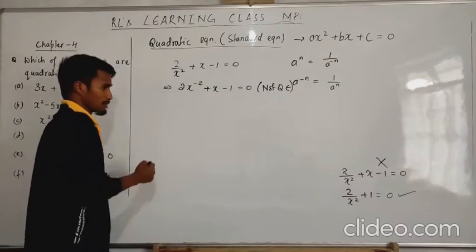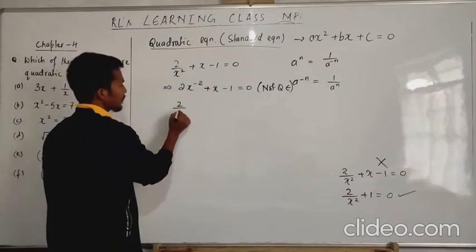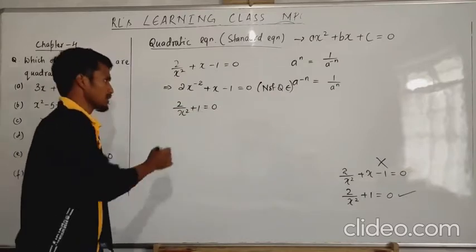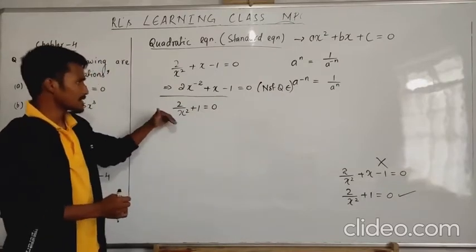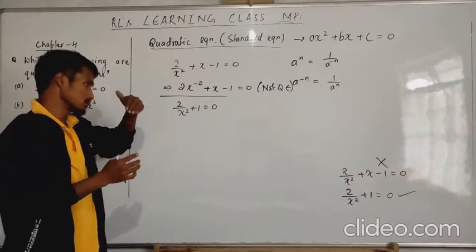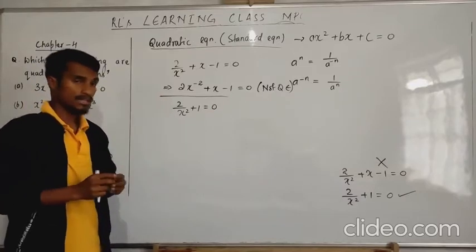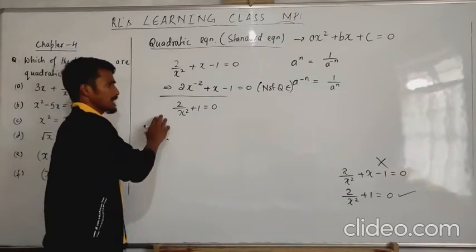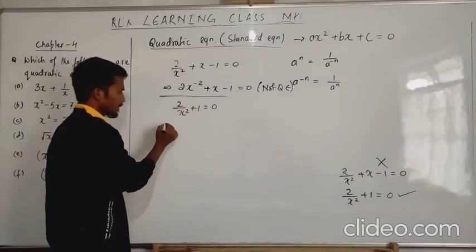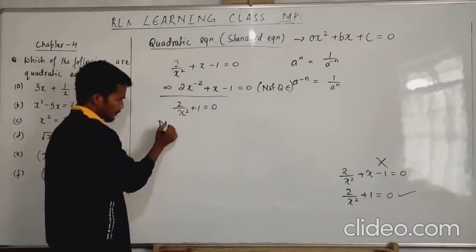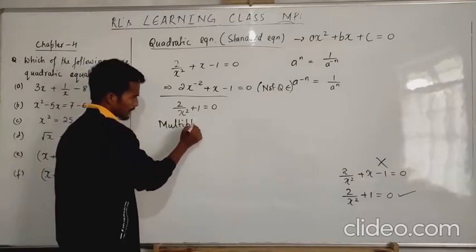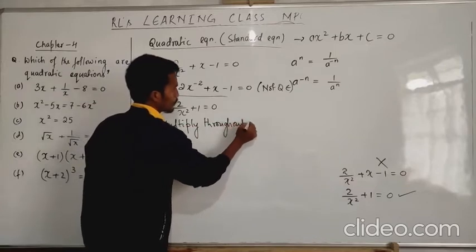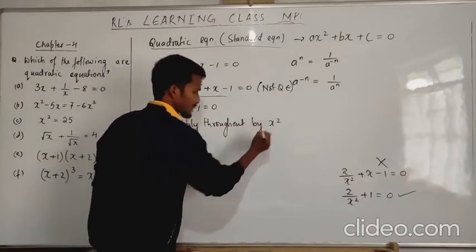And then what about this one? Now 2 by x square plus 1 equal to 0. Even here, if I take this x to the power 2 to the numerator, it will change to x to the power minus 2. But here I can still multiply. Multiply throughout by x square.